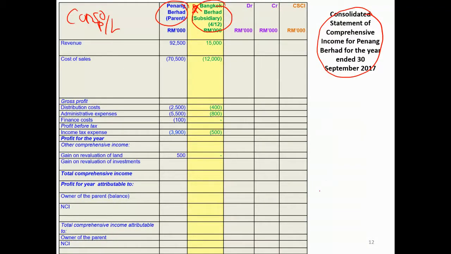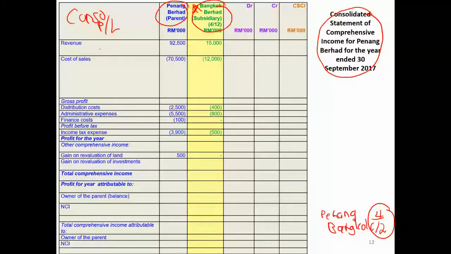Take note that because Penang and Bangkok officially become a group for how many months? Up to the balance sheet date, 4 months. So what you must do is for Bangkok's figure, you have to apportion everything by 4 over 12. So what you do is you take the revenue times 4 over 12. So you can see that I have apportioned everything.